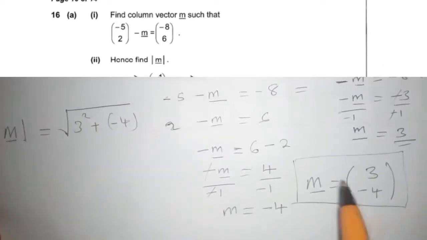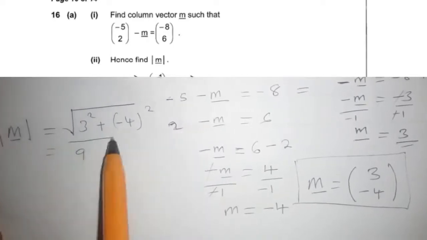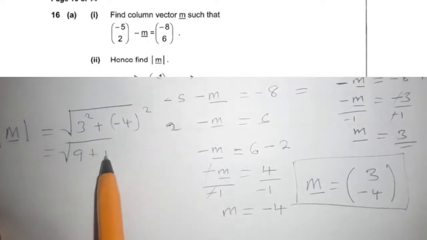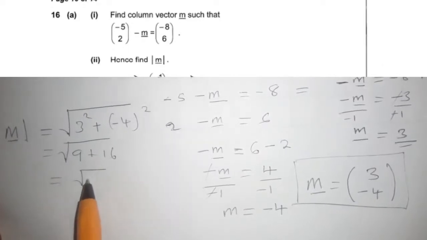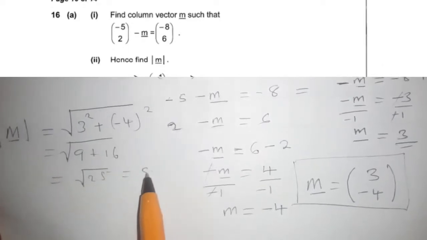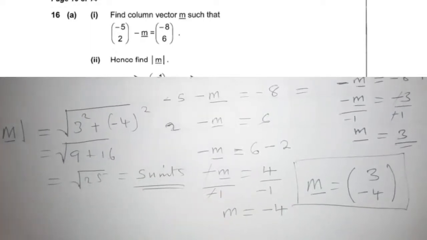Put the brackets because there is a negative sign here, squared, which will be equal to 9 plus 16. When we work out, you have root over 25, which is equal to 5 units. So this is how it works. And if you can see nicely, the questions are almost the same. All right, thank you very much.